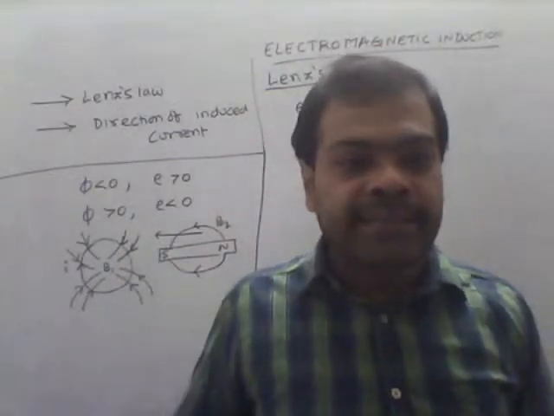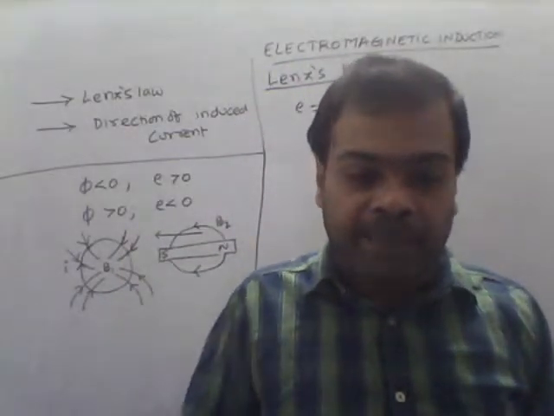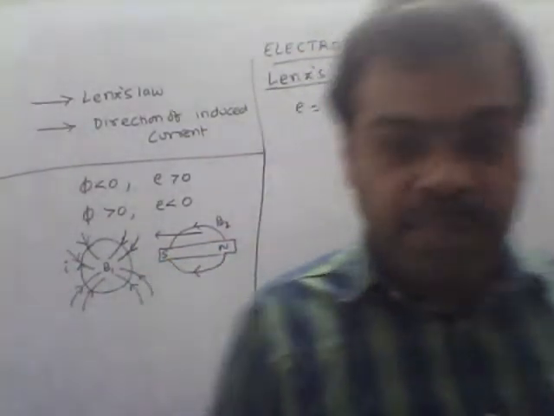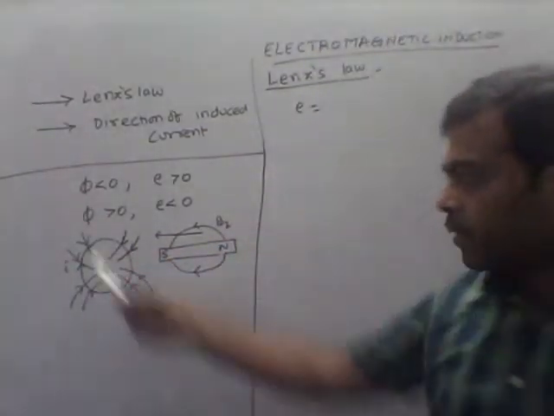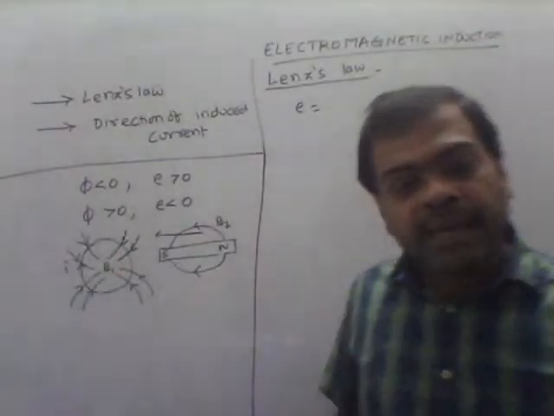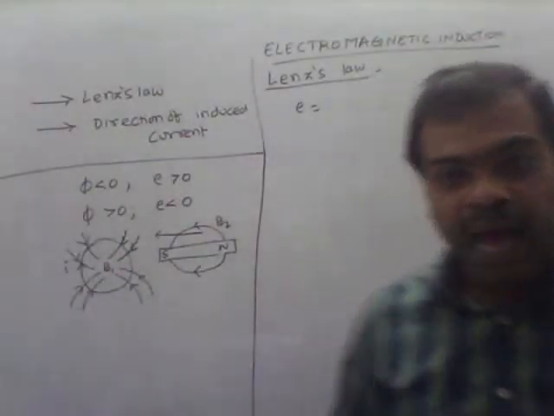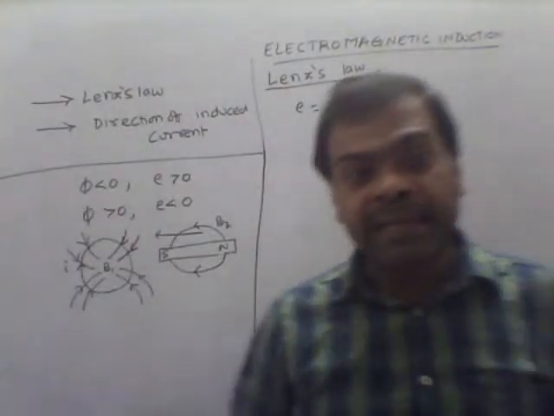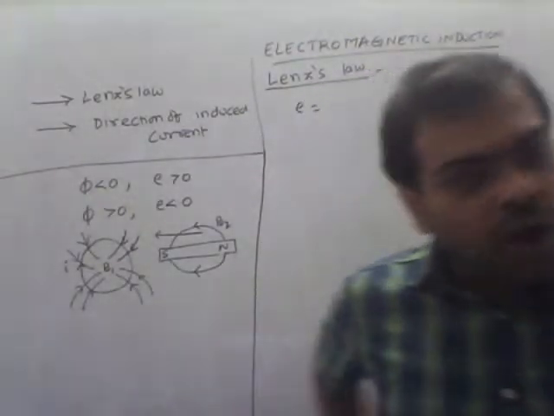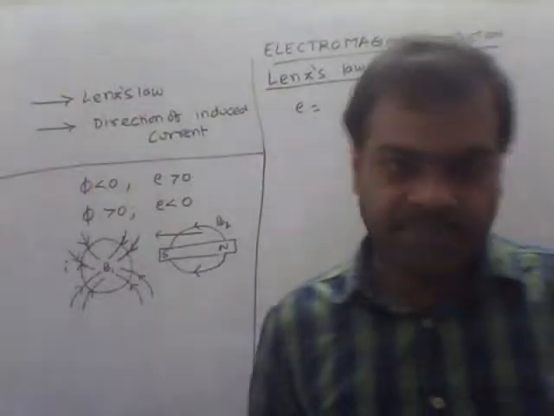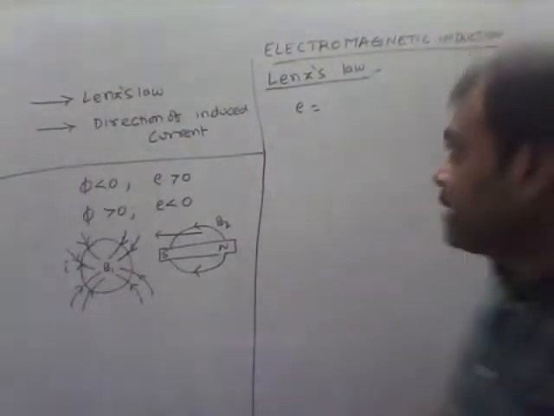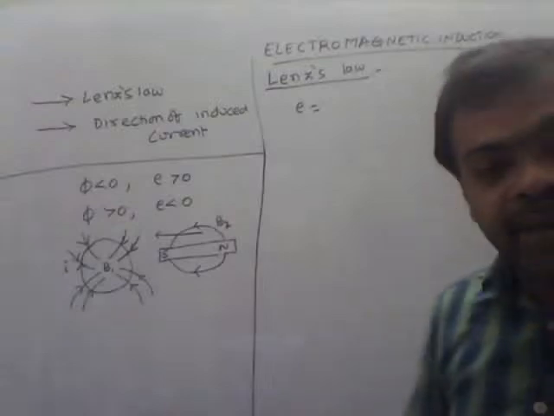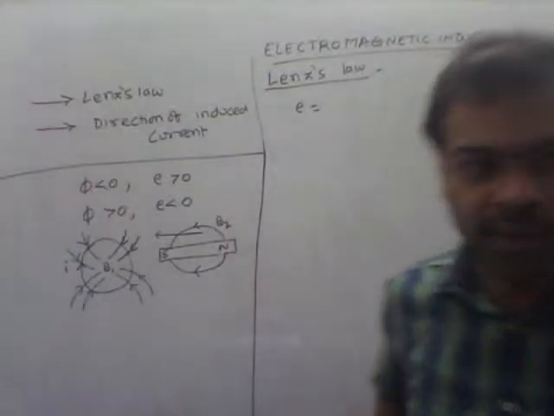Another drawback is that he didn't explain what happens when the conductor is placed in a medium. Suppose this circular coil and magnet are kept in a medium having some permeability, he didn't explain how the magnetic field will vary. All this is explained by the Lenz law. That is the basic point.